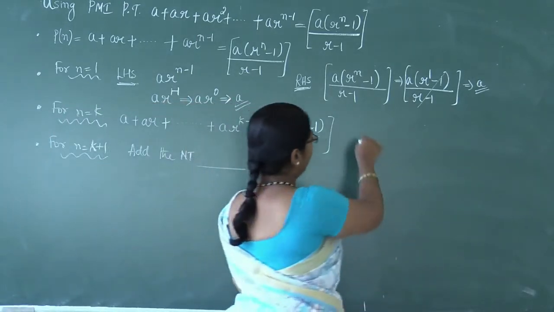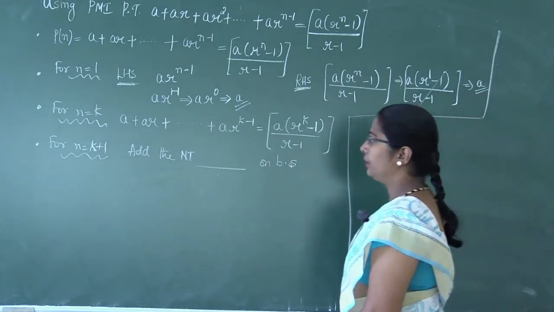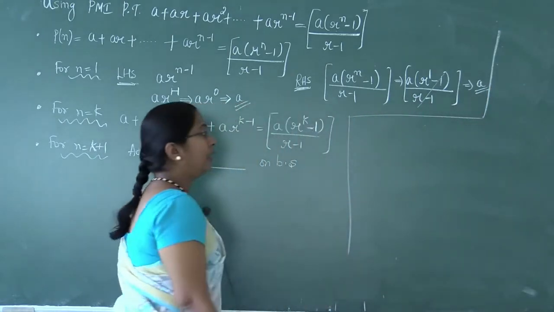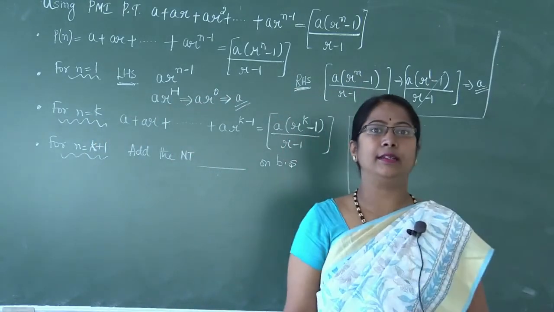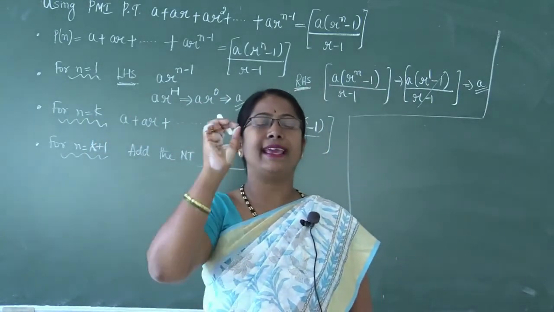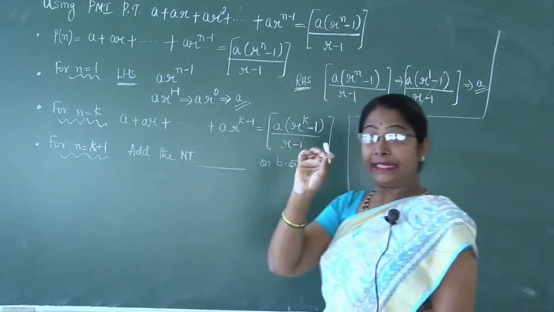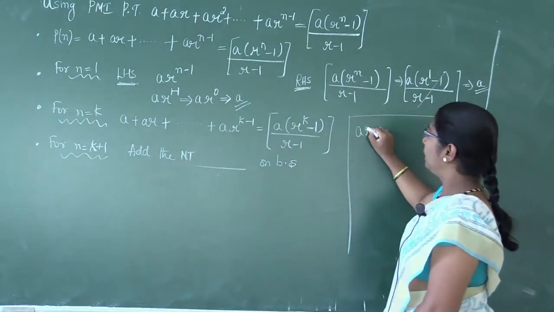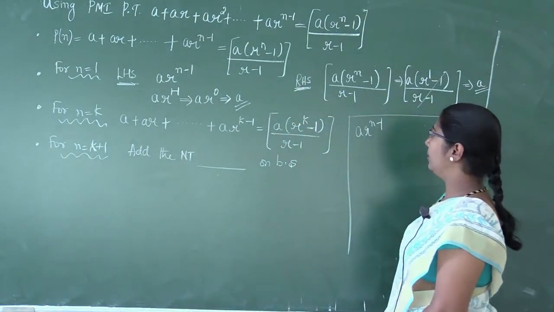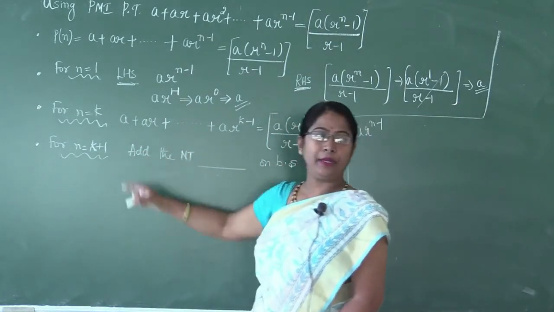Now in the working column, observe here, how do you find the next term? You need to consider the nth term of LHS, which is A r to the power n minus 1. In place of n, what do you write? K plus 1.